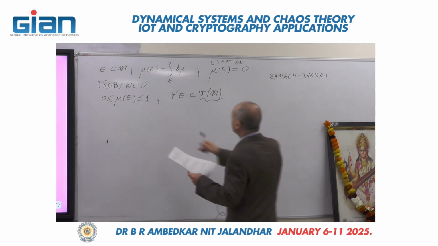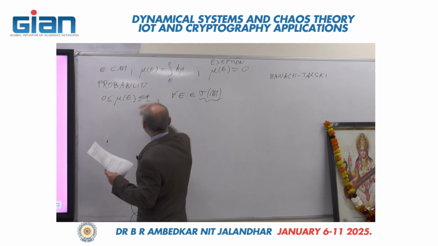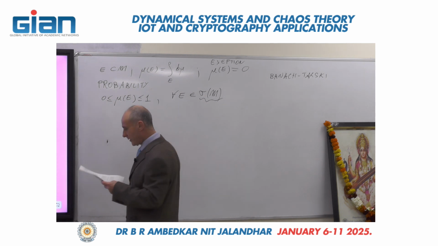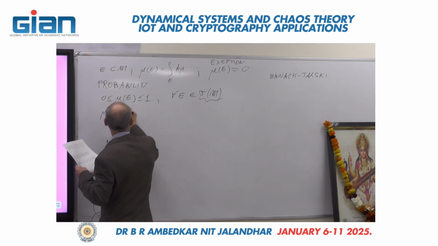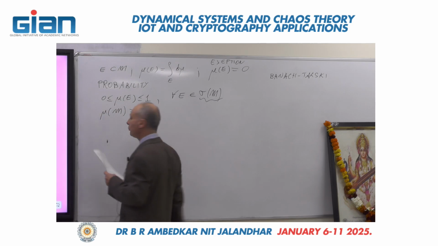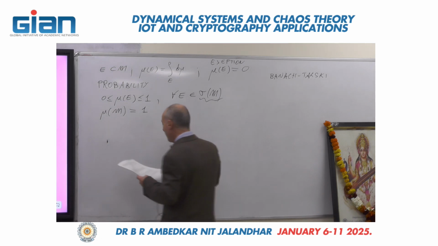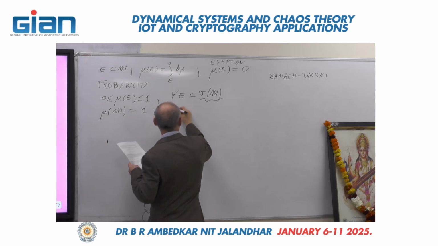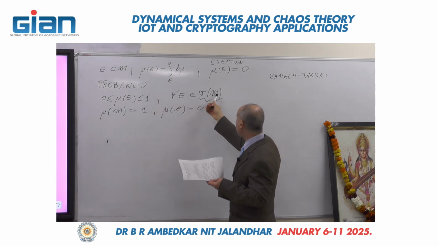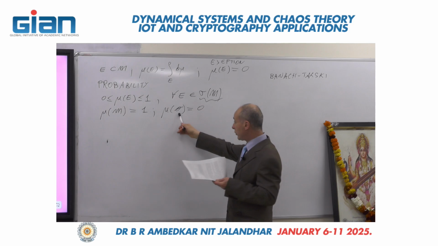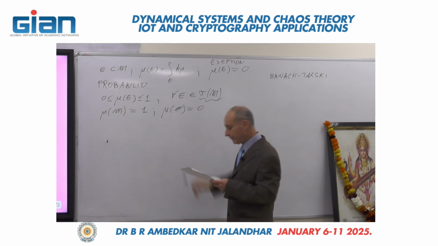Then for these sets, you can speak of a probability, adding that mu of the whole space has to be equal to 1, and that mu of the empty set has to be equal to 0. A sigma algebra always contains the empty set.